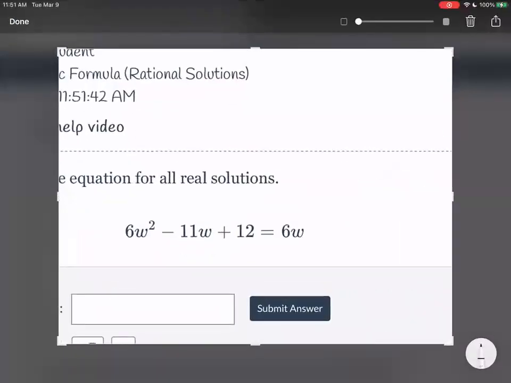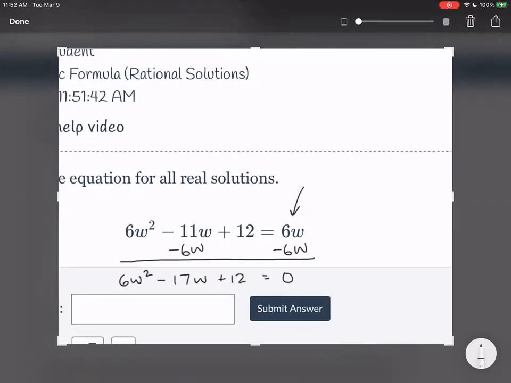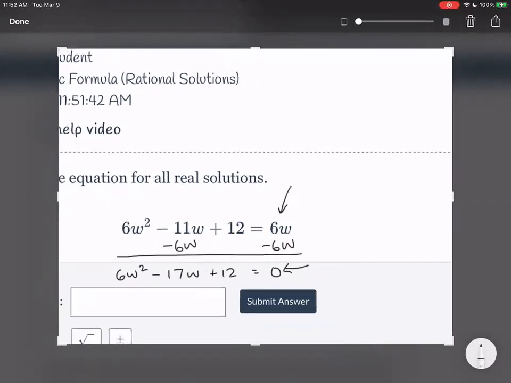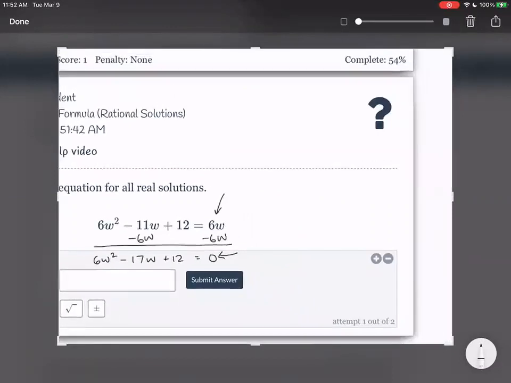So here's our equation. Remember, the first thing we want to do is set it equal to 0. So I'm going to minus 6w, minus 6w. And then this gives me 6w squared minus 17w plus 12 equals 0. So now it's equal to 0, we can now plug it into our formula. Let me write in our formula.